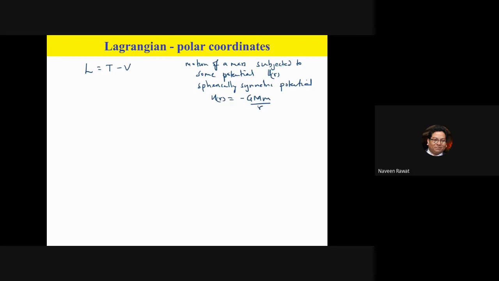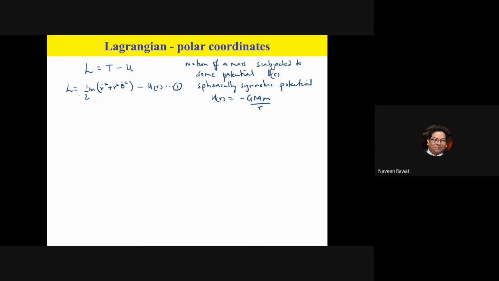It is spherically symmetric. So this is the value of your potential. Just to avoid confusion, let's just write this as U. So that is my expression. So L will become 1/2 m, r dot square plus r square theta dot square, remember, polar coordinates, minus you have an expression U of r. So that is your expression.